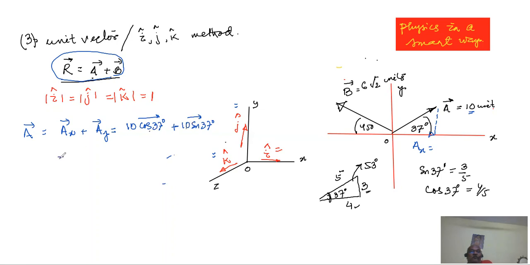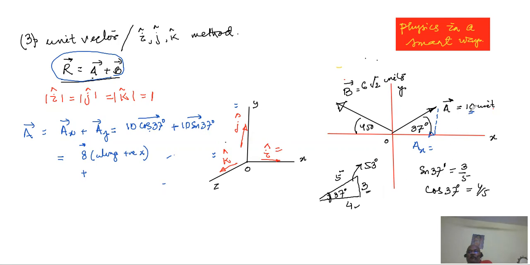We know 10 cos 37 degree. Cos 37 is 4 by 5. When you multiply 10, that is 8, and that 8, it's a vector. If you write direction, that will be along positive x. If somebody writes in a descriptive way, plus 10 sine 37, sine 37 is 3 by 5.